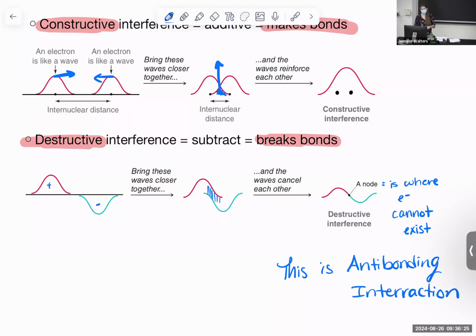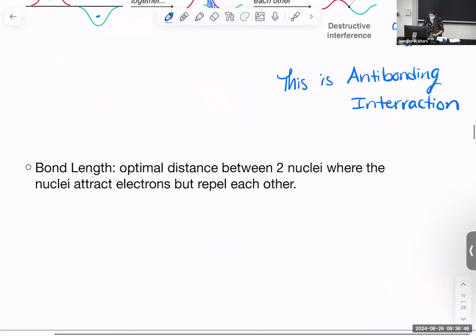That's pretty much all you need to know about valence bond theory. We're not really going to talk about valence bond theory that much. We're going to care more about the result or relevance of that, which is molecular orbital theory. Out of valence bond theory, we developed molecular orbital theory, which is actually looking at how our atoms are coming together with these waves.